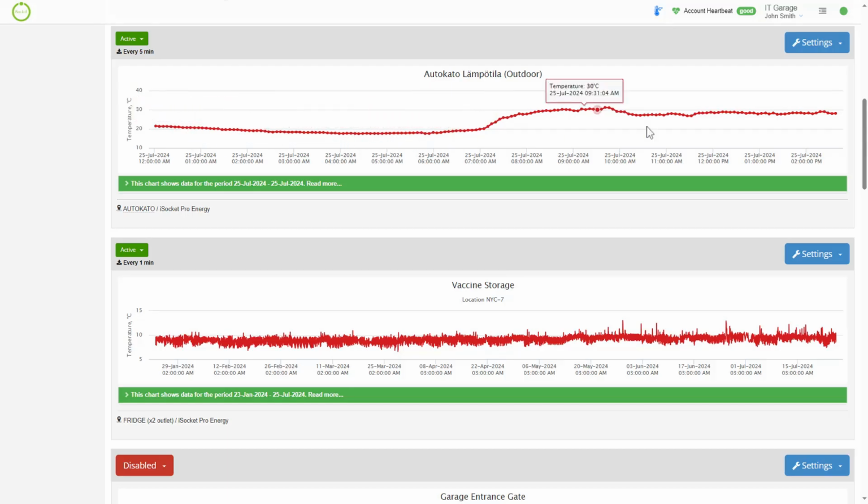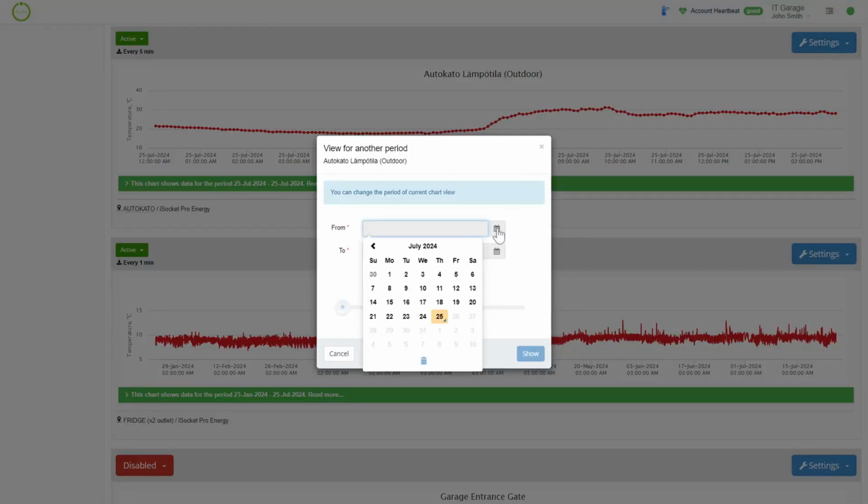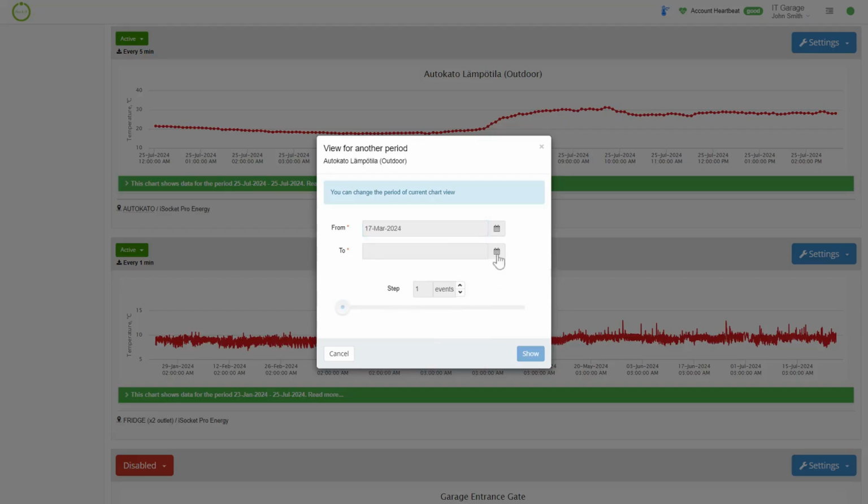Quite interesting. Actually, I want to know for a long period. I want to collect information for a year. Let's try. So we remember March. View for another period, March. Let's be on the safe margin, start from 17.